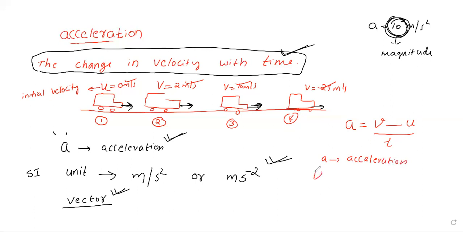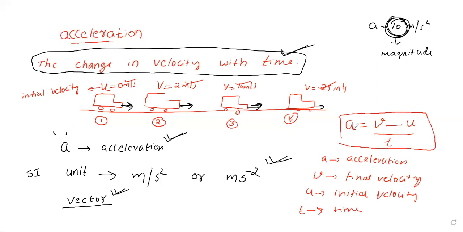And what is v? V is the final velocity. And what is u? U is the initial velocity. And what is t? T is the time. So this is the equation for acceleration: a equal to v minus u by t.